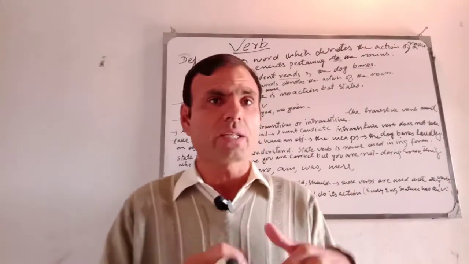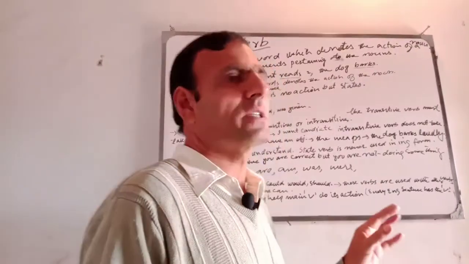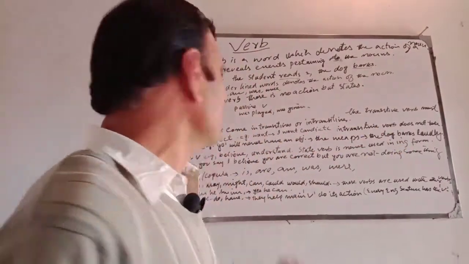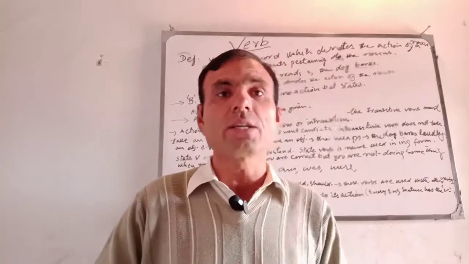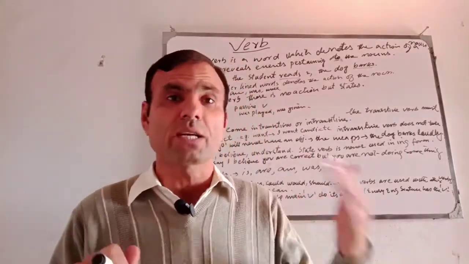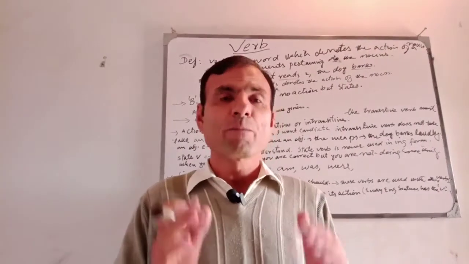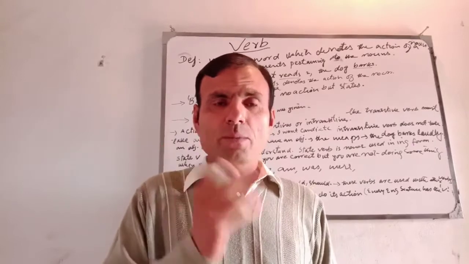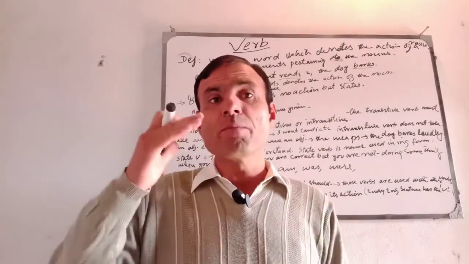So this is an object, and there is an object with the transitive verb. It's clear for us. Okay, an intransitive verb doesn't take an object. As I told you, the major difference between the two verbs is that the intransitive verb doesn't take an object, but the transitive verb must take an object.